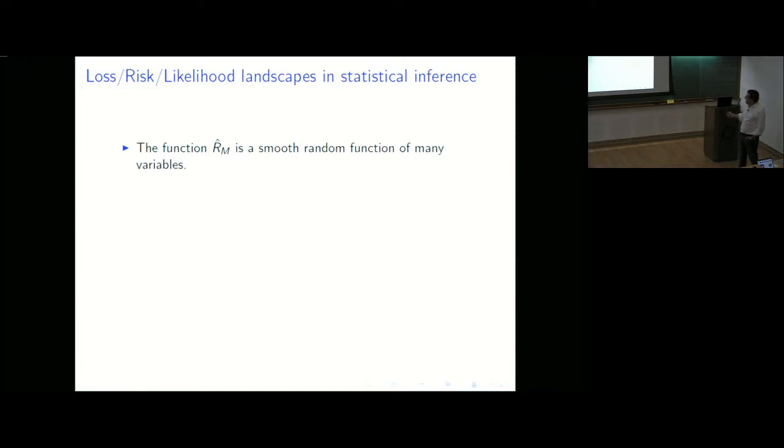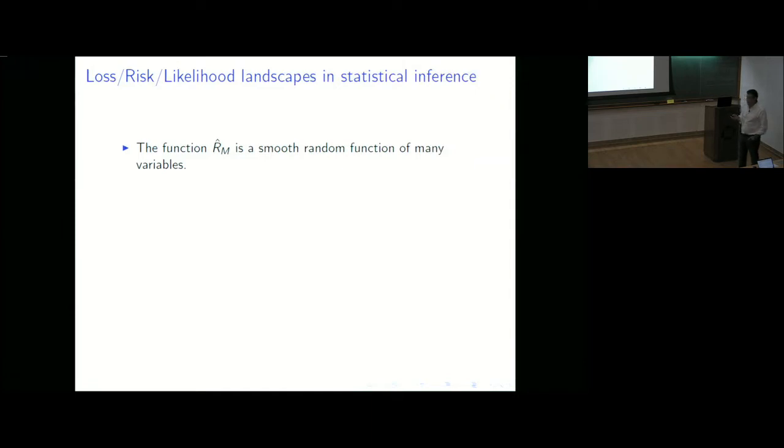Let's say smooth, and it's a random function. Okay, why is it random? Of course, because of the sampling. So it's a smooth random function of very many variables, because of course I will assume that my theta is in dimension n, as I said, and n will be very large, right? So the question here is a question of geometry of random functions in high dimension, okay?